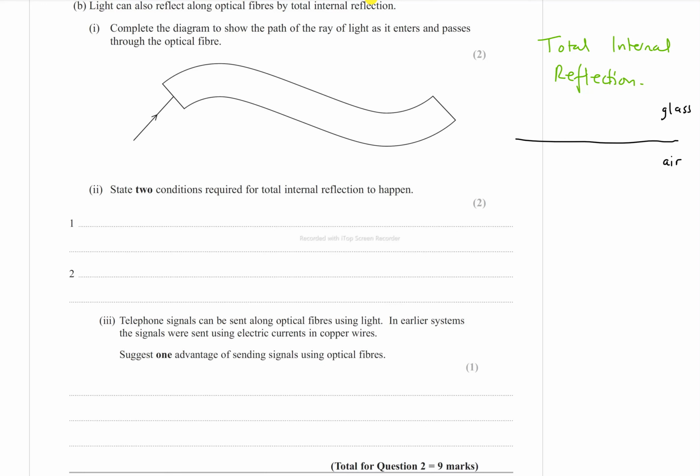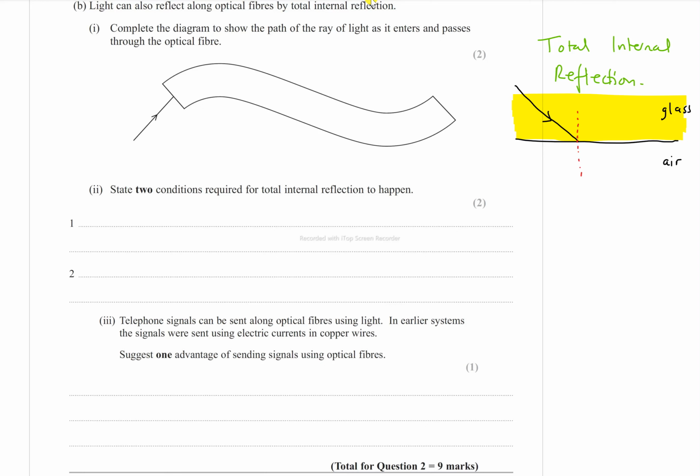Let's try to understand this. So you've got a ray coming in. Then we're going to draw the normal.